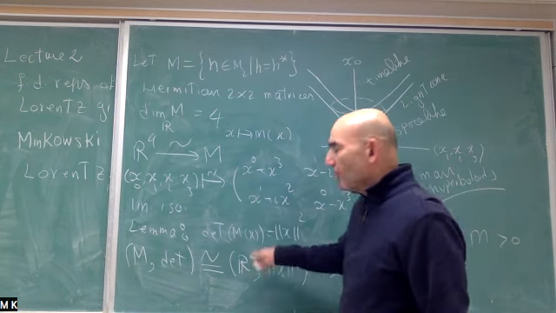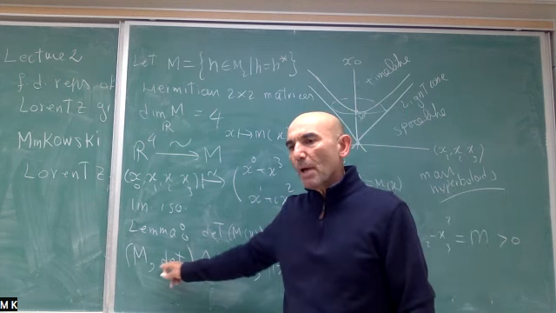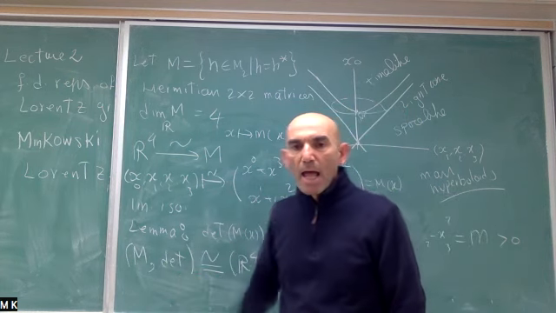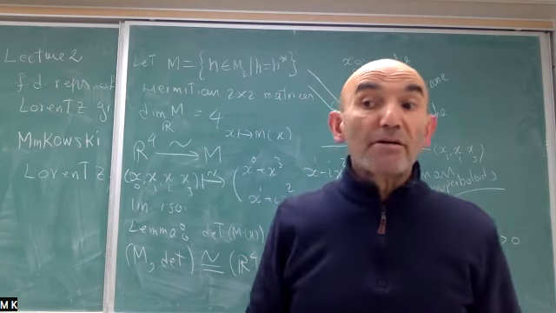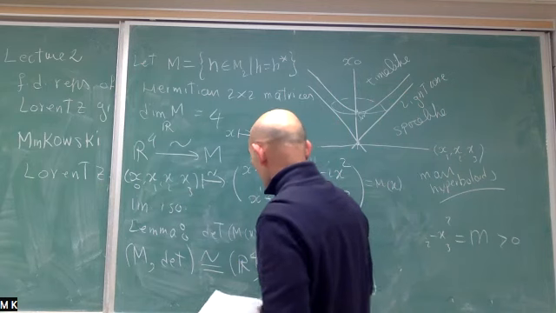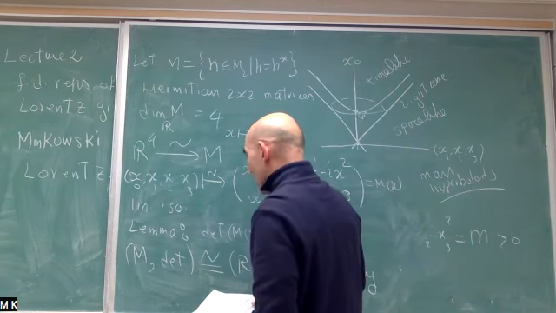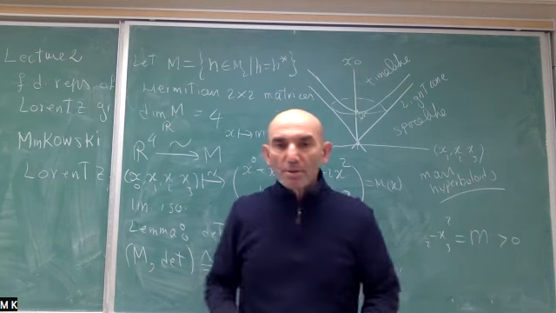In other words, everything you want to do with R4 and the Minkowski metric, you can do with M and this determinant. And we'll see that this is a very, very deep fact. It has many, many implications, and we'll see some of it today. So, any questions, by the way?